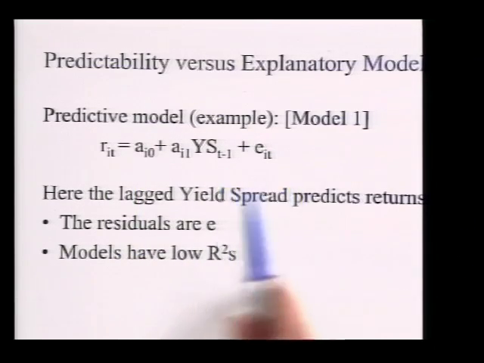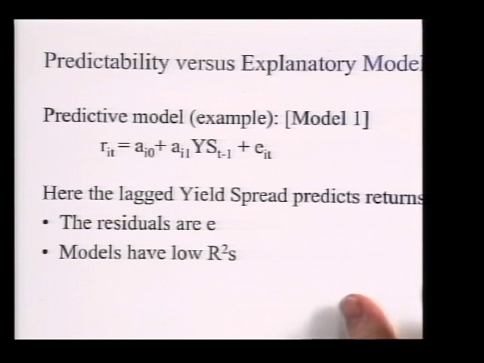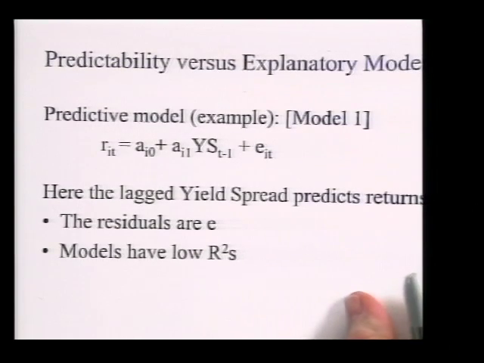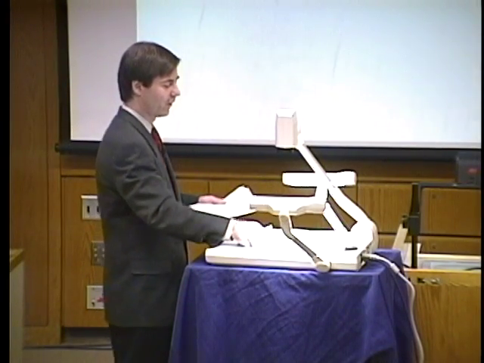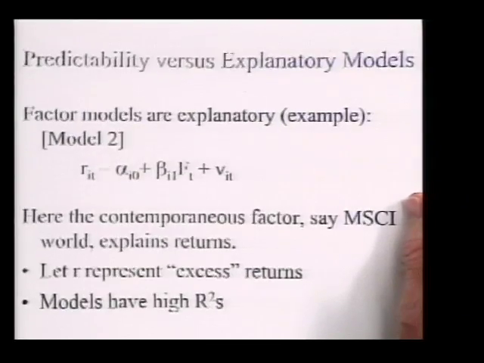There's a residual. Notice the timing here, t minus 1 versus t. The residuals are e, and these models have low R squareds, as I'm sure you've noticed from your assignment number 3. So this is a purely predictive model. Let's call that model 1. That's the model you're using in assignment number 3, and the type of model you also use for your strategic long-term forecasting in assignment number 2.